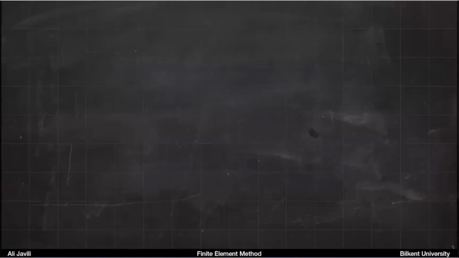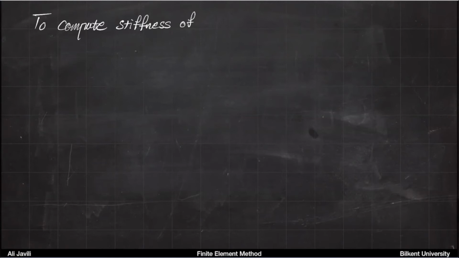Very good. So what we want to do next is to compute the stiffness of a truss element in 2D, let's say the stiffness of a 1D element in 2D space.